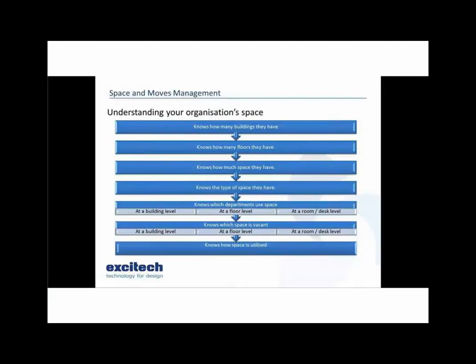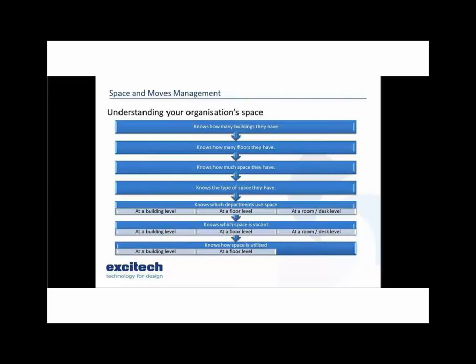And then finally, and this is one where many organisations don't really have this kind of information certainly to hand, is actually knowing how the space is utilised, again at the various different levels. And by utilisation, we're talking about, for example, the sales department might be allocated to a particular group of desks or group of rooms within a building, but are they actually using them?